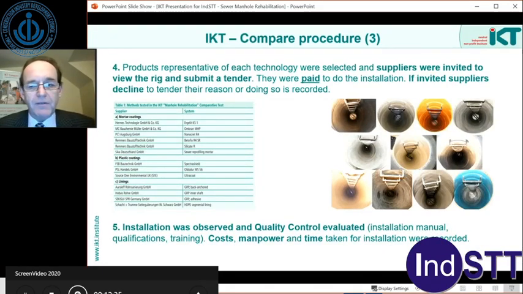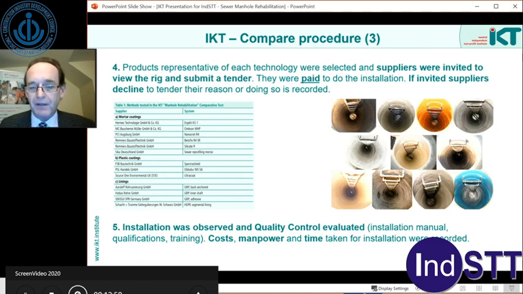So we selected these products, or rather the steering group selected them. And something to bear in mind is that when we do these projects, we invite the suppliers in to see the experimental setup and comment on it. If they say, actually, what you're asking us to do is something our product cannot do, we accept that.